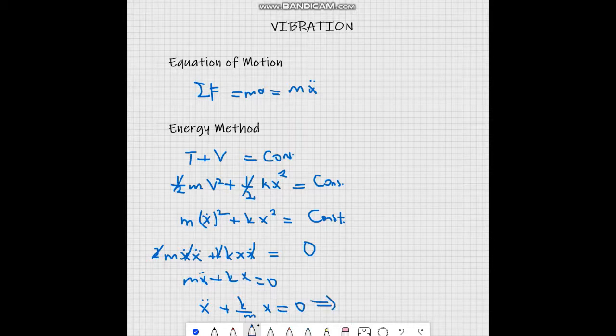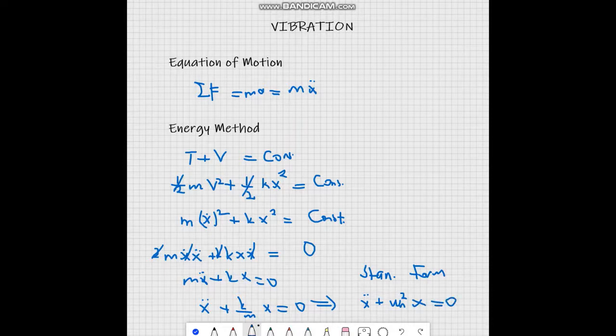In the standard form of this spring motion, it is x double dot plus omega n squared x equal to 0, where k over m is shown as the natural frequency omega n squared.